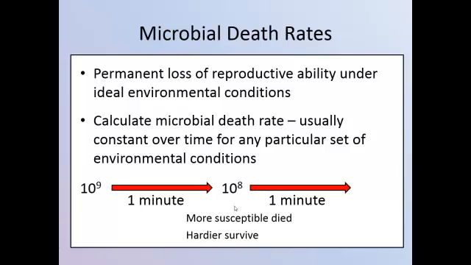If I apply my procedure for another minute and I get another log reduction, you can see how this is my microbial death rate, and I'm going to get a linear decrease over time. This is something to consider when we start talking about physical and chemical control methods. Some of them are time dependent. So if you're using those products or procedures, do not think that you can cut down on the time, because you will end up here instead of down here where you want to be.